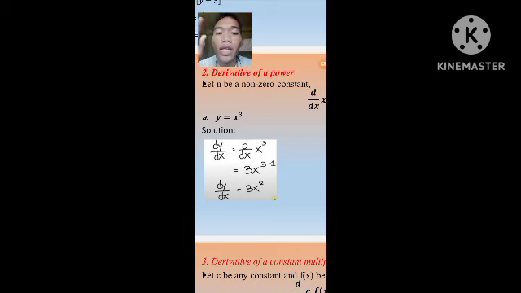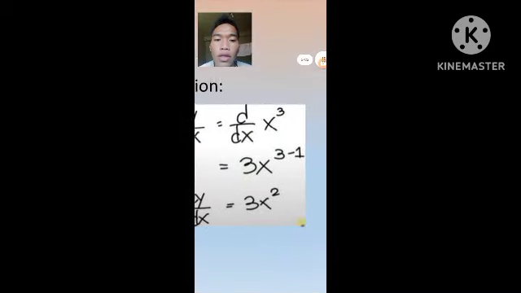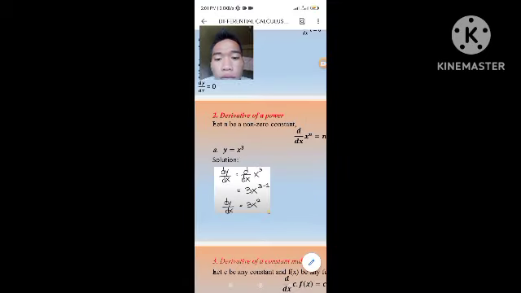We're going to put n as the constant, so n x raised to the power of 3 minus 1, where our n is 3, the non-zero constant.